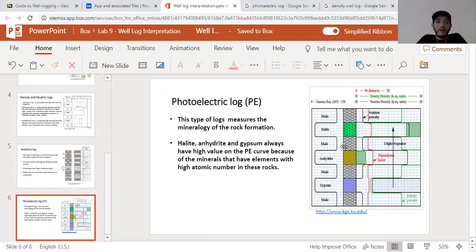So these minerals or rocks will have high values because of the large atomic number of the minerals the formation has. As we see, it's high in halite, anhydrite, and gypsum, while it gives low values in shale rock.